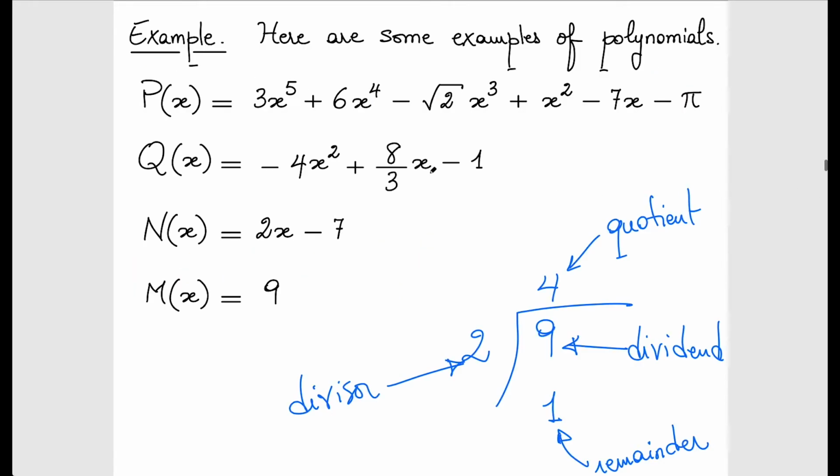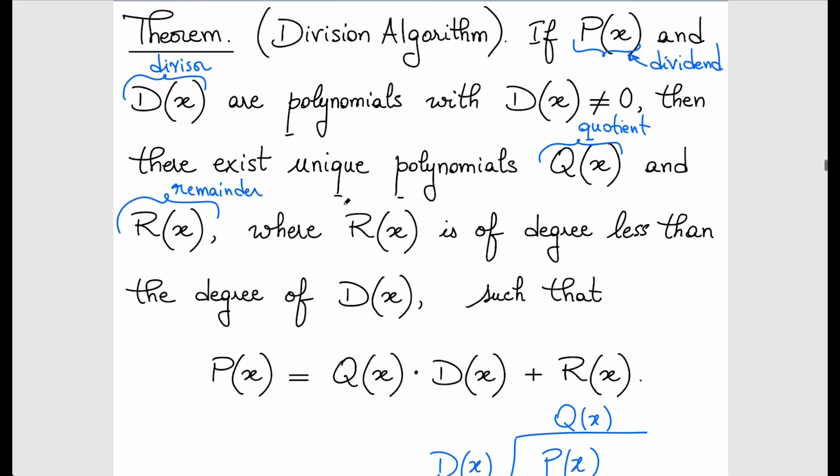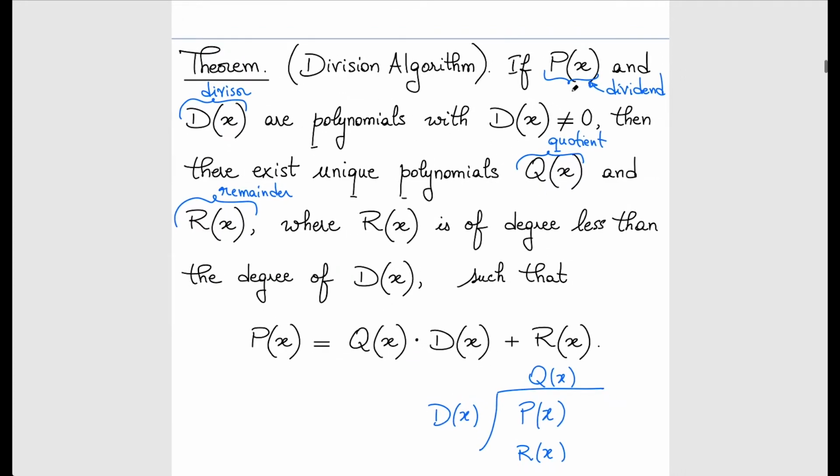So if you are dividing p of x by d of x, the divisor, in our case x minus c, then you get a unique quotient and a unique remainder, so that the remainder is of degree smaller than the degree of the divisor, such that the dividend is equal to the quotient times the divisor plus the remainder. This is the division algorithm I was talking about.